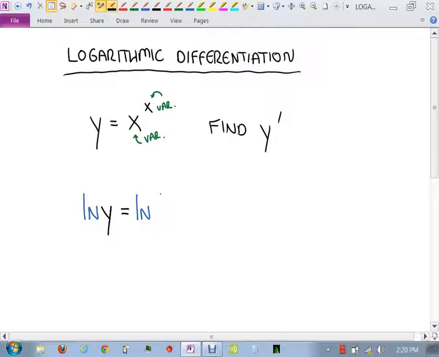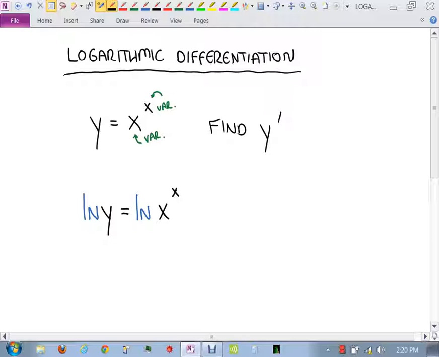That's why they call it logarithmic differentiation, because you're going to do a derivative by using a logarithm. I started out with y equals x to the x. I can do the same thing to both sides of an equation and it's still the same. If you have x equals 2 and you multiply both sides by 2, it stays the same. When you take log on both sides of an equation, it stays the same. So nothing has changed yet.